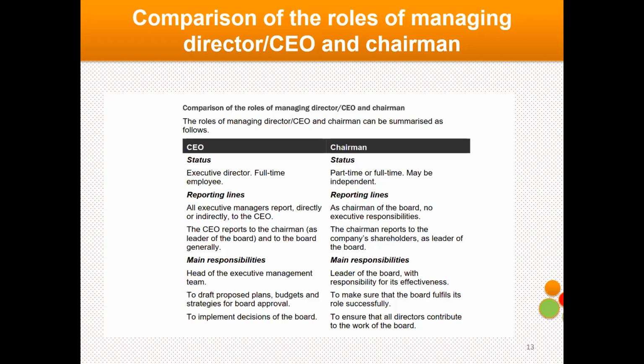The chairman is the leader of the board. He makes sure that the board fulfills its role successfully, and he ensures that all the directors contribute to the work of the board. So this is a simple snapshot of the differences between the two.